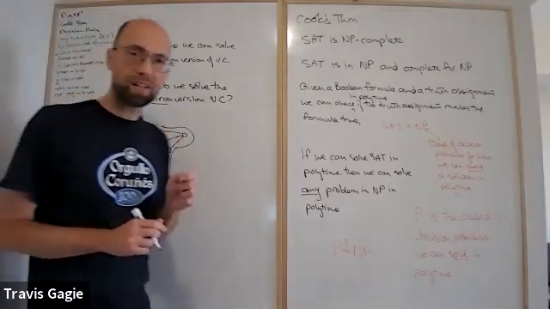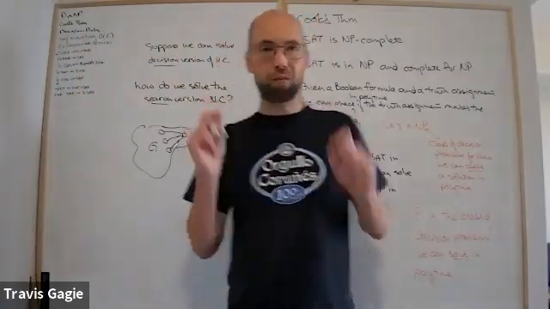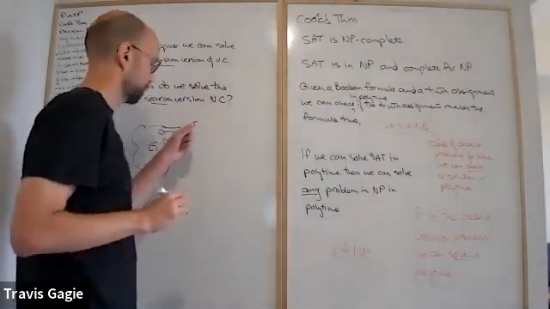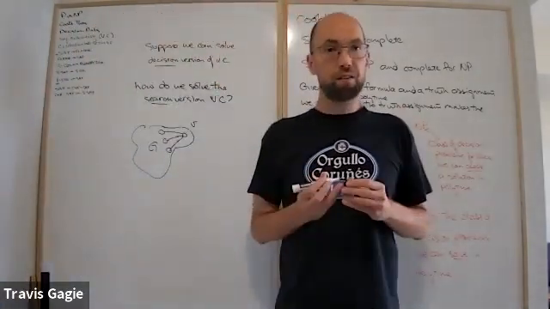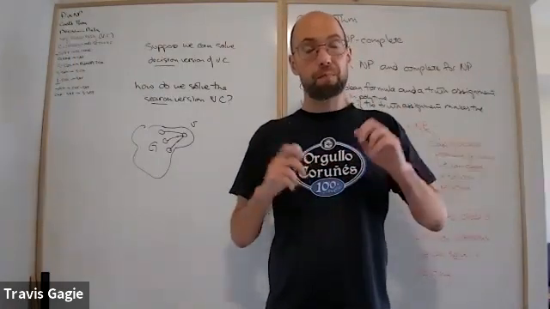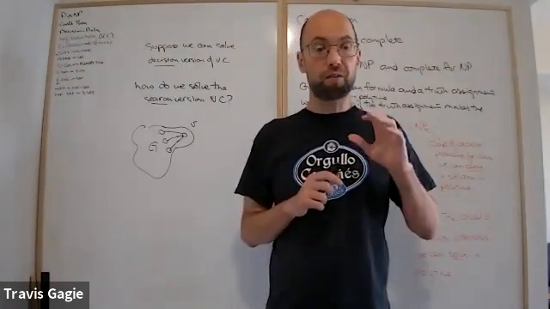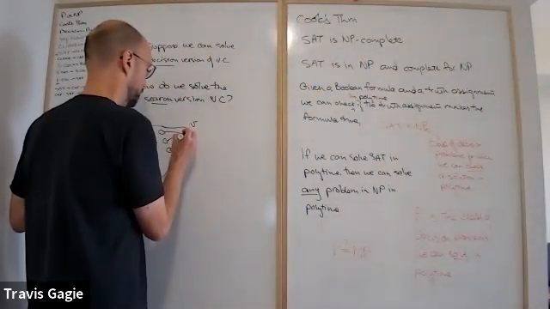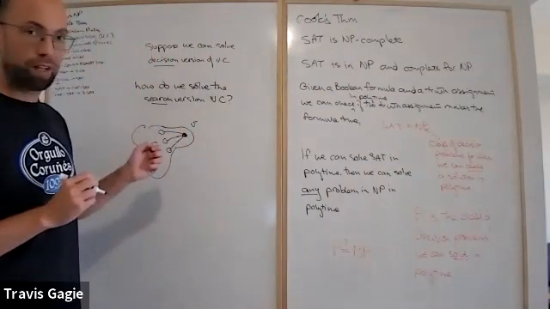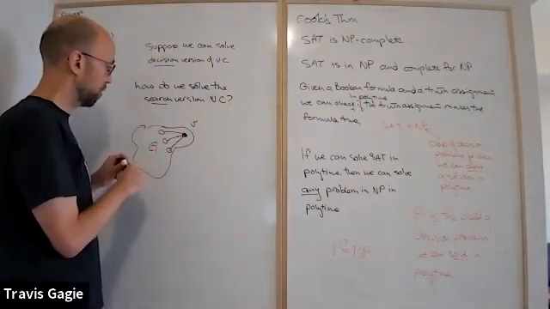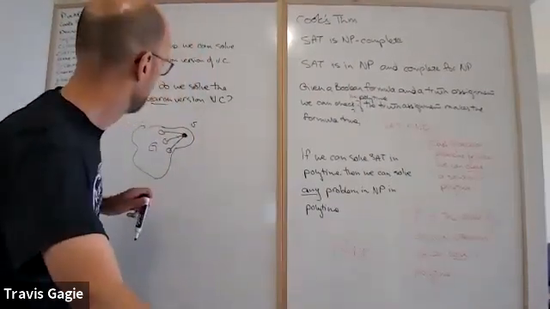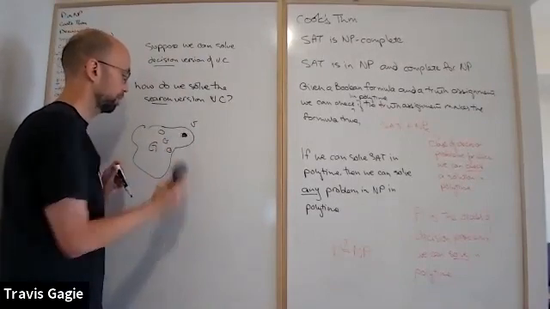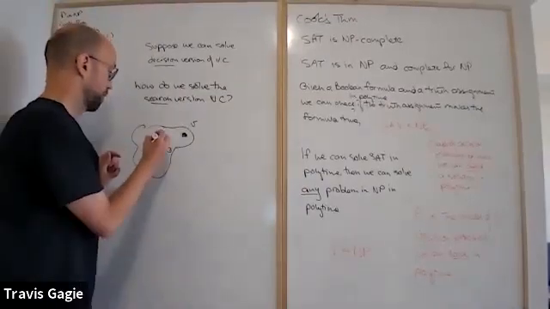Okay. Now suppose there's a vertex cover of size K, and it includes this vertex V. Then I'm going to add this vertex to my vertex cover, and I'm going to delete all of the edges incident to V. This is going to leave me with a graph G prime.